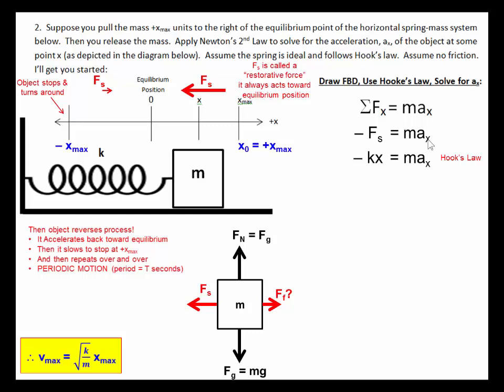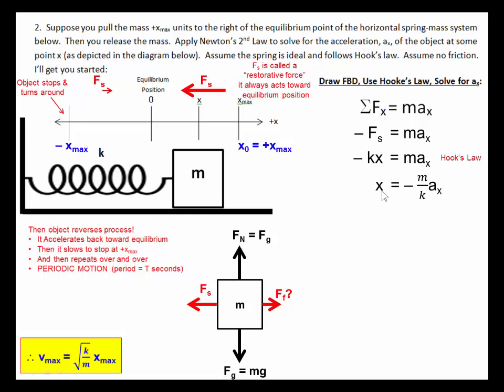This is a very special situation that we have here, where we have a force acting on this that's proportional to the distance it's being pulled. And that's what makes this system very, very important, as you'll see. I'm going to solve for x. So I have x equals negative m over k times the acceleration.